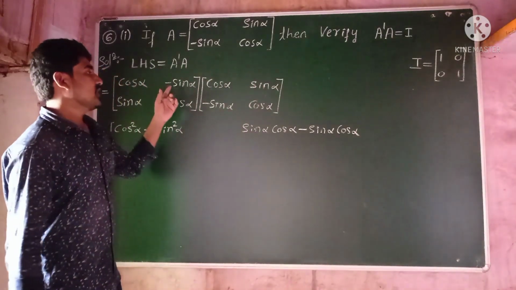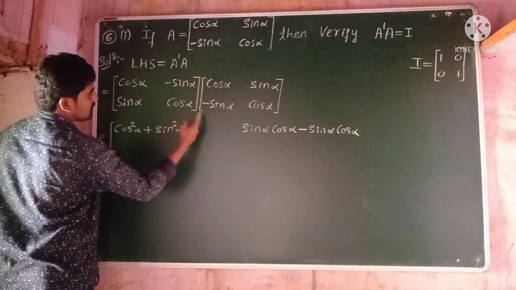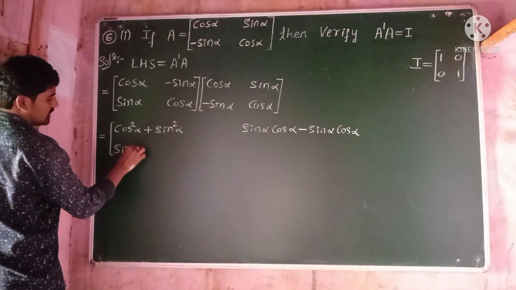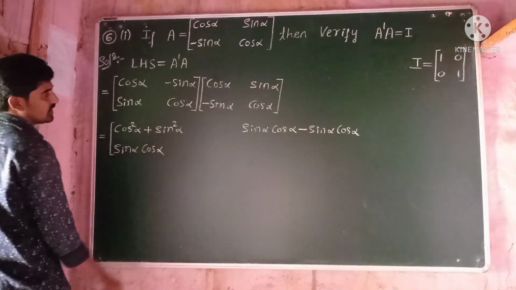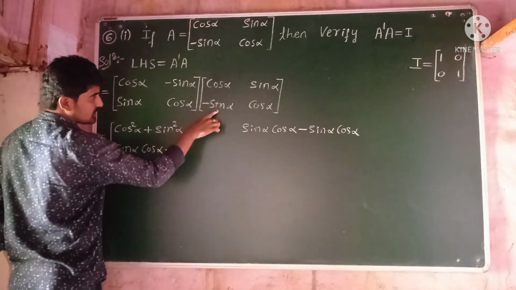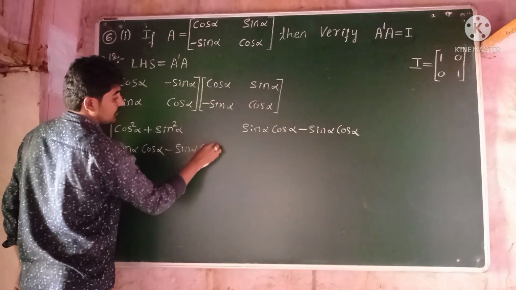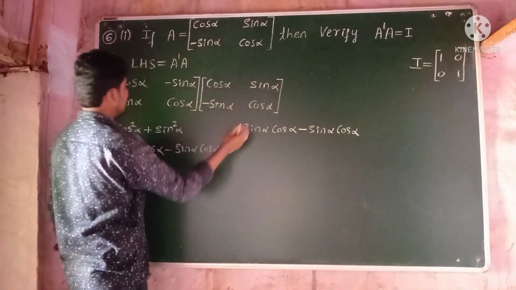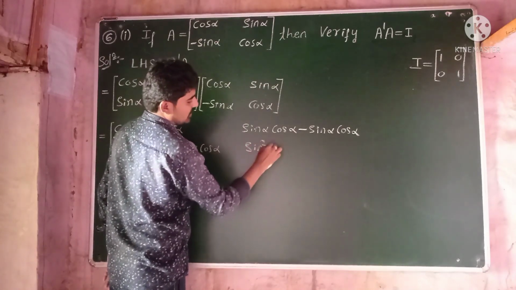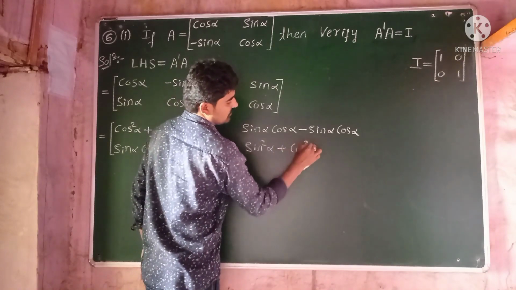So the first row is completed with these two columns. Now we go for the second row. Second row first column, sin alpha into cos alpha, cos alpha into minus sin alpha, plus into minus minus sin alpha into cos alpha. Second row second column, sin alpha into sin alpha, sin square alpha, cos alpha into cos alpha, cos square alpha.